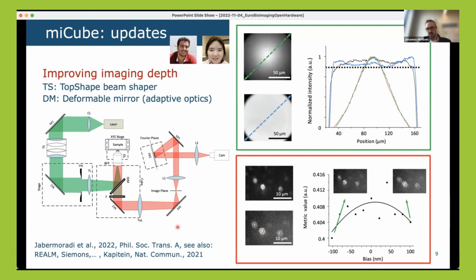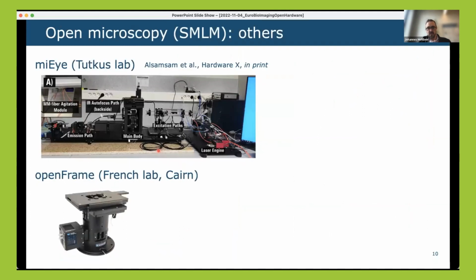So here we combined a hardware implementation with a software implementation from the Lukas Kapitein group in Utrecht, which already did this for a different deformable mirror, and did this software correction. Yeah, so again, without them disclosing their information, making it openly available, we would not have had a chance to implement this in a reasonable amount of time.